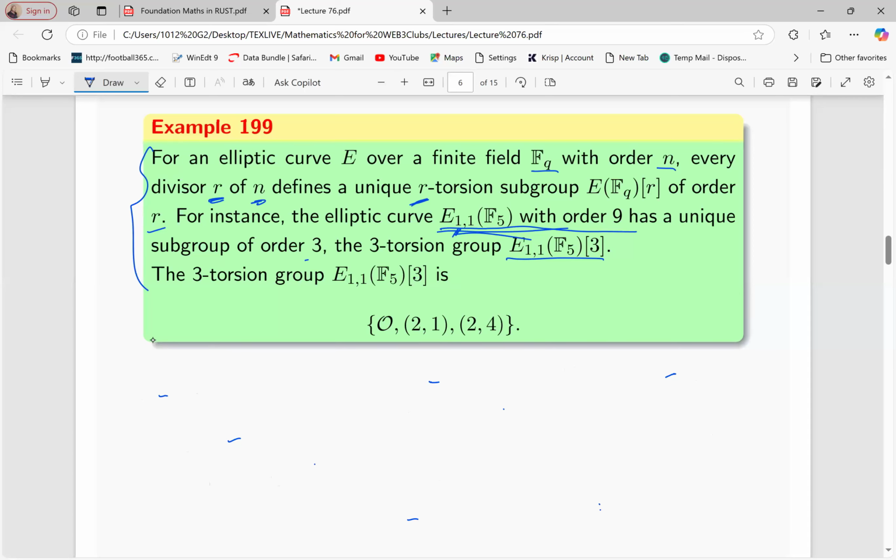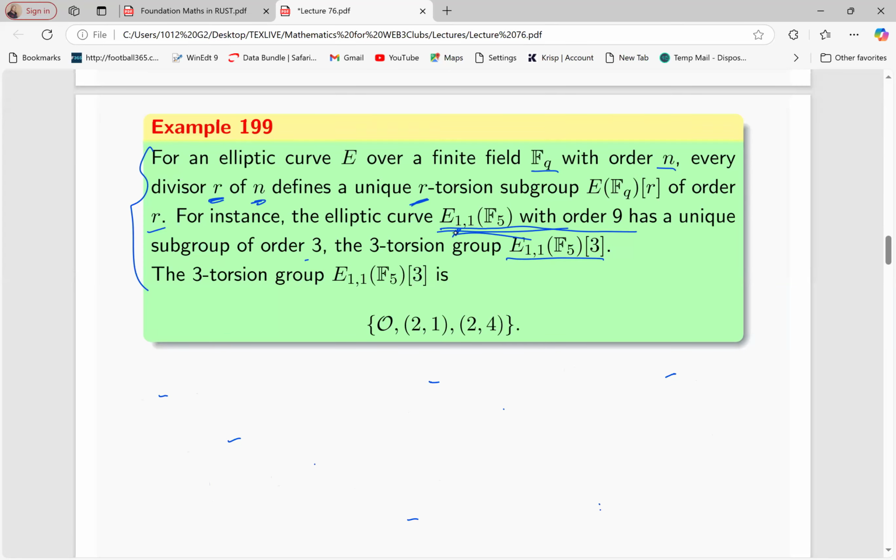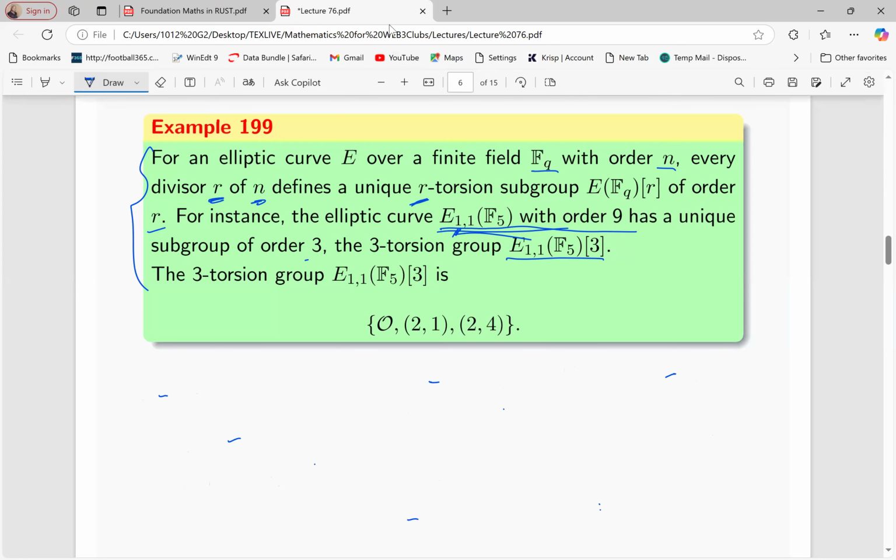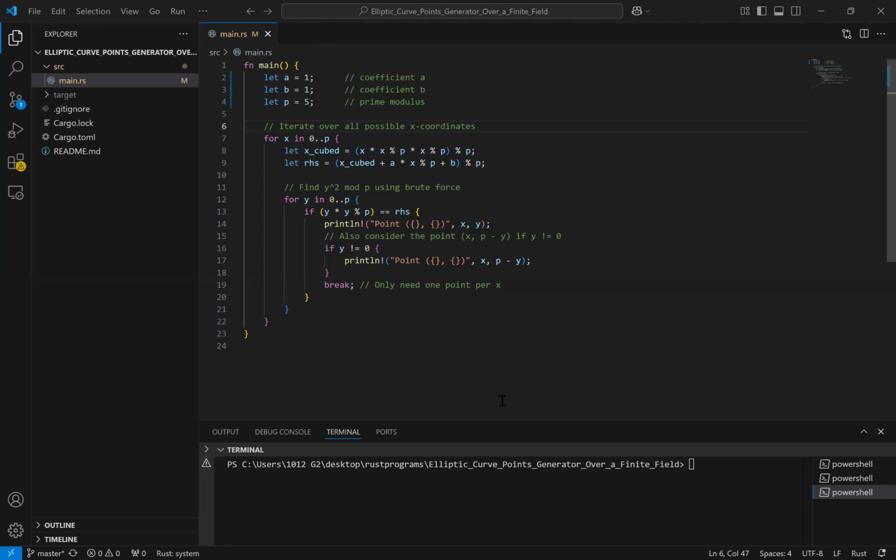I can share my Rust code just to show you that for 1, 1, then 5, I want to see how many points this one has. Okay, so this is my Rust code.